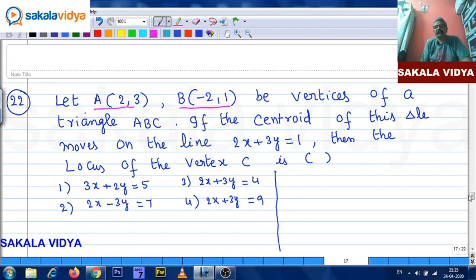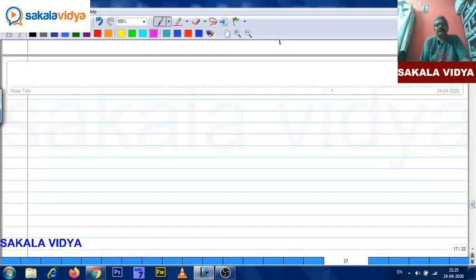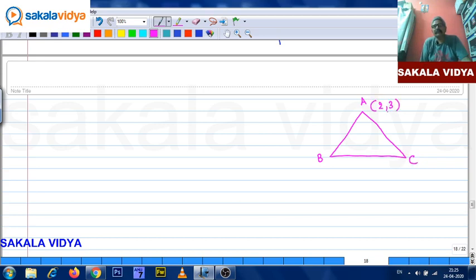So now let us do it on a separate page. This is the triangle ABC. A coordinates are (2,3), B coordinates are (-2,1).